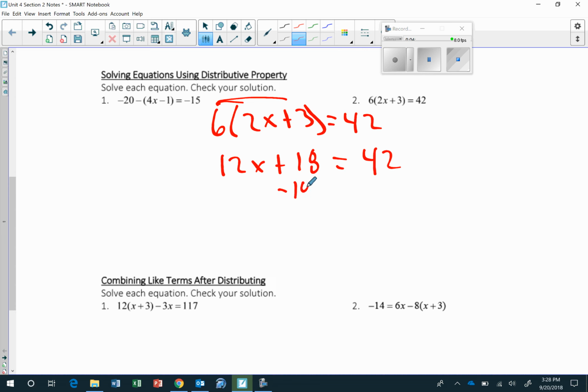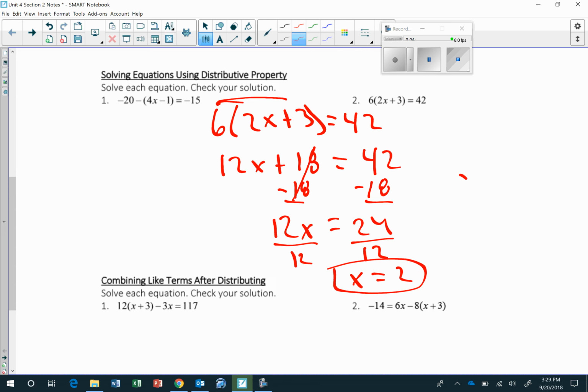In this case, I'm going to subtract. So I will get 12x equals 24. After I add or subtract, then I need to multiply or divide. In this case, I need to divide. So I'll get x equals 2. Okay. I'm going to leave the check step for you guys, so make sure you go ahead and check 2 for me. Make sure that's the right answer.